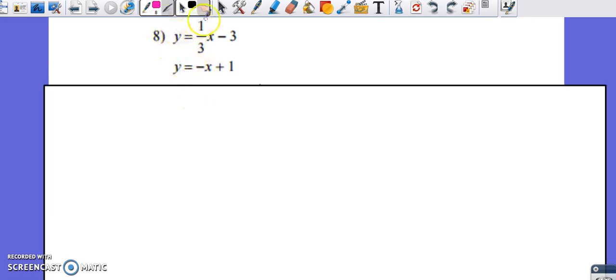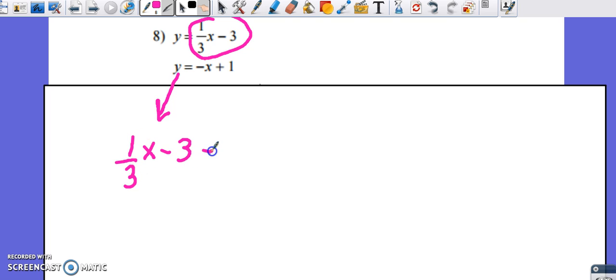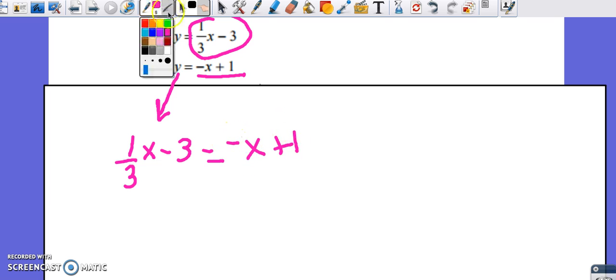So everywhere there's a y, I'm going to put 1/3 x minus 3. So where in this equation is the y? Right here, right? So I'm going to put in 1/3 x minus 3 equals, and then the rest of the equation. Now from here, you can go through and solve.